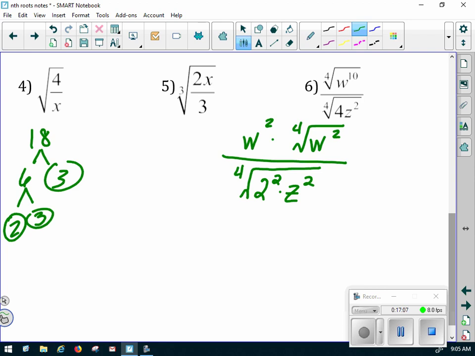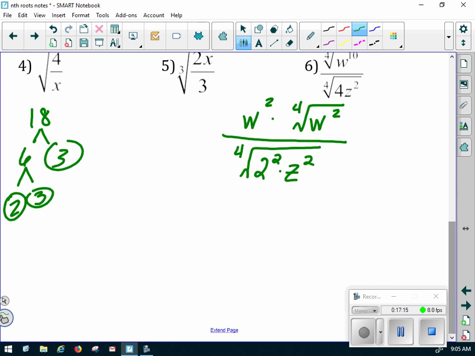Why do you think I wrote the bottom like that? I need to see how many 2's I've got so I can see how many more 2's I need. I need 2 more 2's.